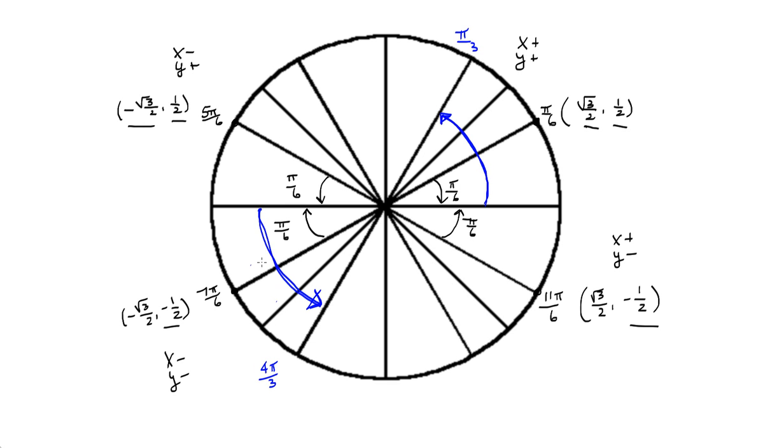They both have a pi over 3 reference angle, 60 degrees, which means that their coordinates should be identical except for signs. Okay? And you should know what the coordinates are. For pi over 3, it's 1/2, radical 3 over 2. And for 4 pi over 3, it's negative 1/2, negative radical 3 over 2.